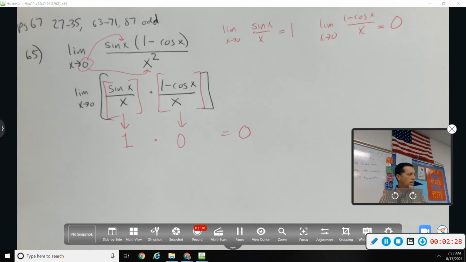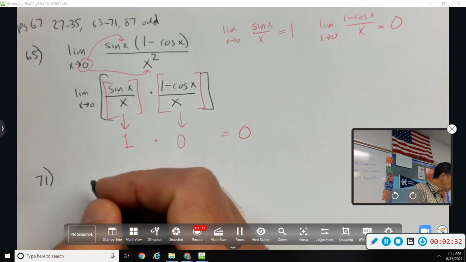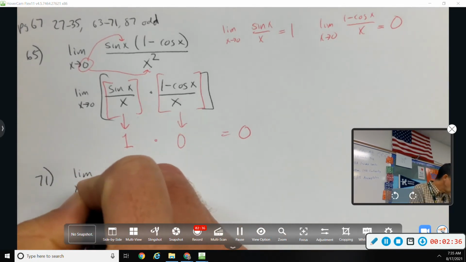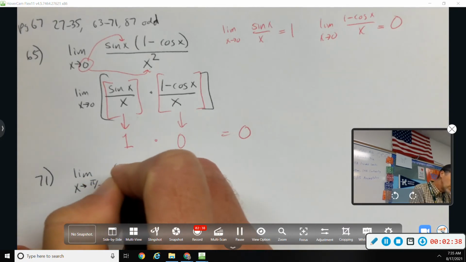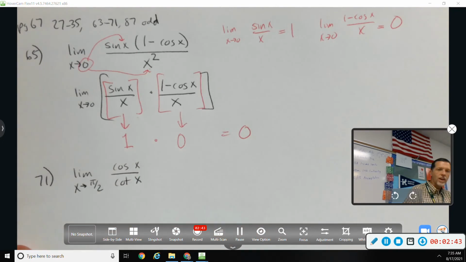Can you do number 71? Cosine over cotangent. The limit as x approaches pi over 2 of cosine x over cotangent of x.